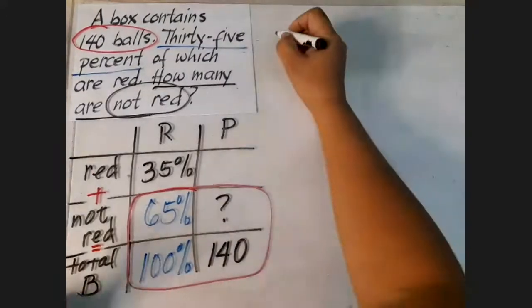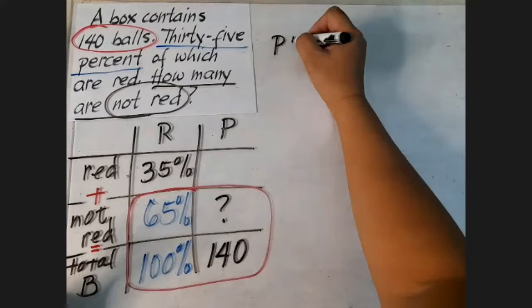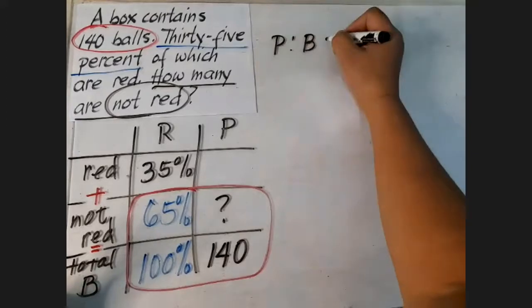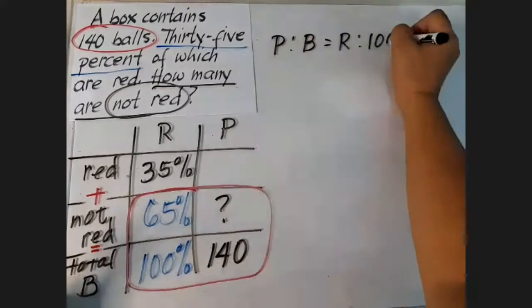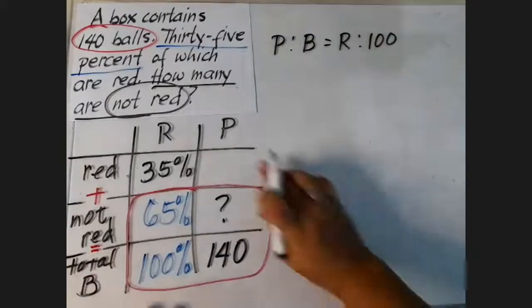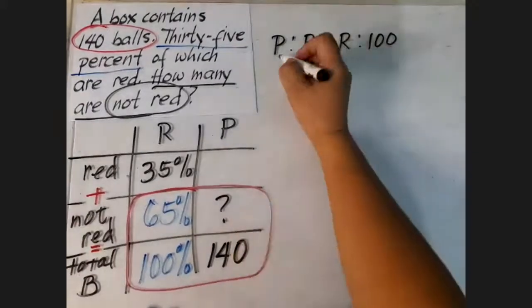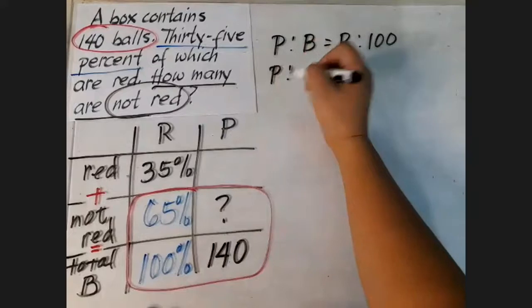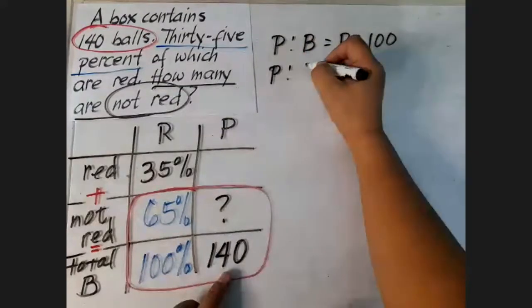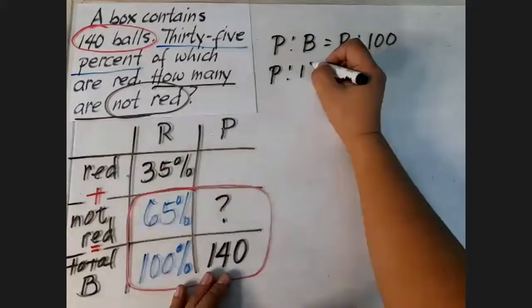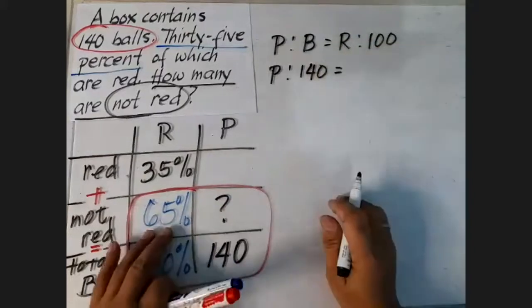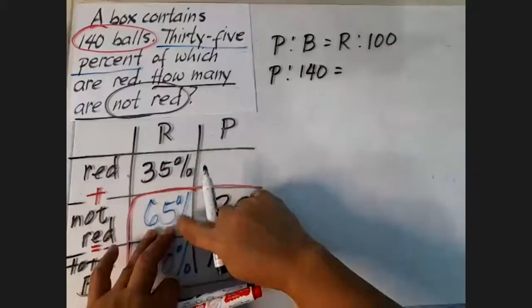We can now have our working equation here. So we'll have P is to B equals R is to 100. Then we just substitute. Ano yung P natin? Question mark. So that's P. Base is 140. Okay, 140. Ang rate natin, hindi yung 35 but yung 65.